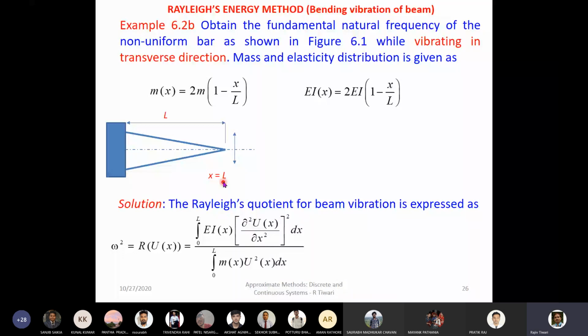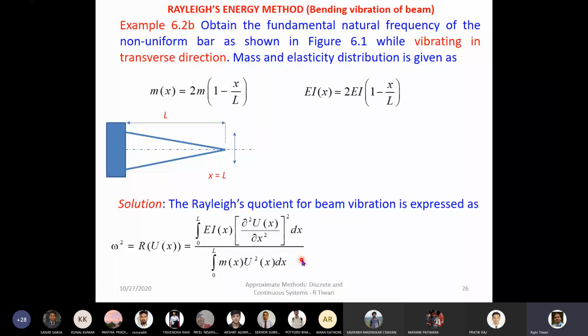As I mentioned, it should satisfy the bending and shear force here, and the displacement and the slope here. Just by intuition, you need to try out different polynomials, and if you can get one, then maybe you can proceed to solve this particular problem. I'm leaving it to you to solve.